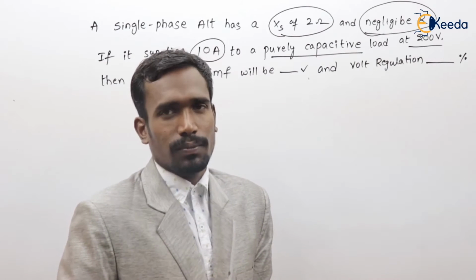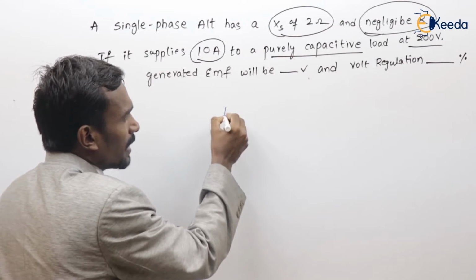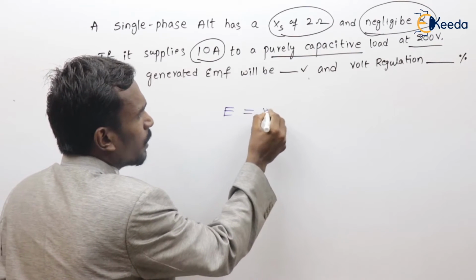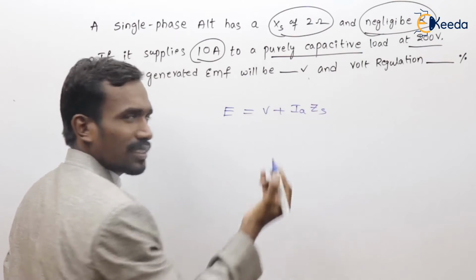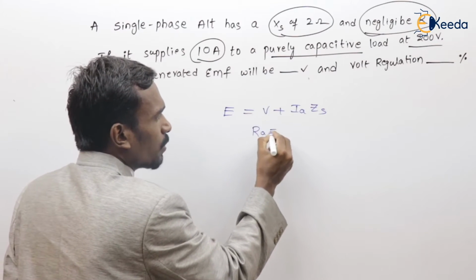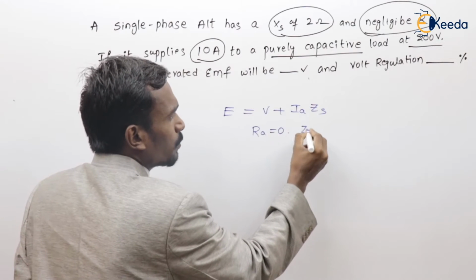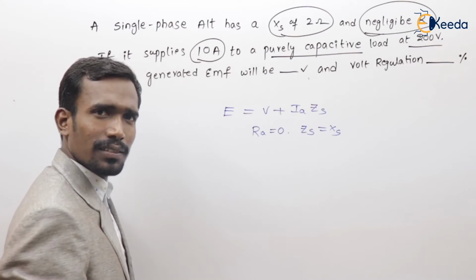This is our question. Tell me, what is the formula generally? Generally, EMF E is equals to V plus IA ZS. But here RA is equals to 0. That's why ZS is equals to XS.